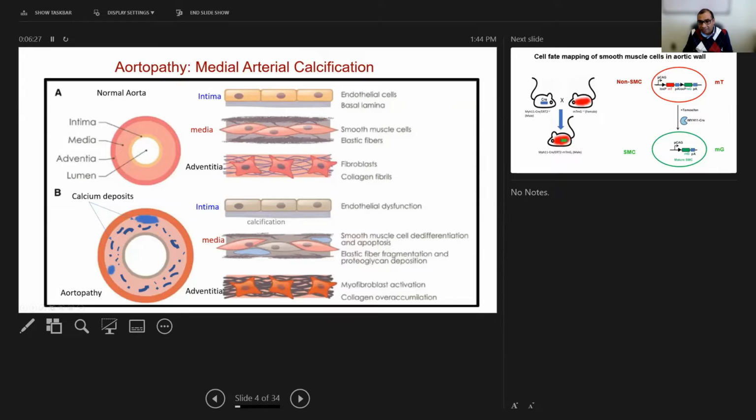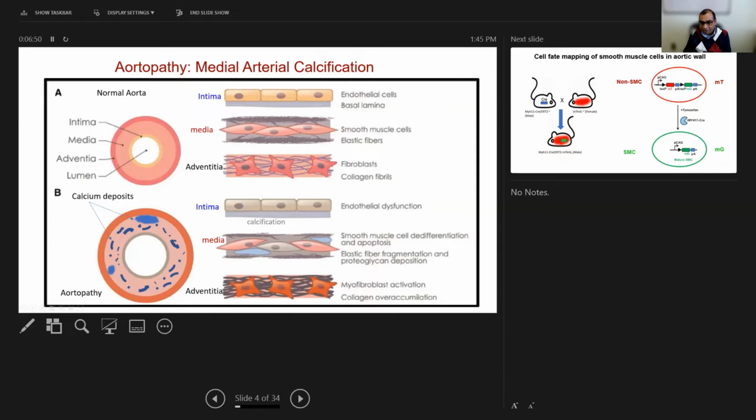For example, the intimal layer, the endothelial cells, also undergo dysfunction, which is very important because endothelial cells provide a lot of chemicals that are required for contraction and relaxation of the smooth muscle medial wall. So if you have endothelial dysfunction, that can contribute to the disease progression as well.